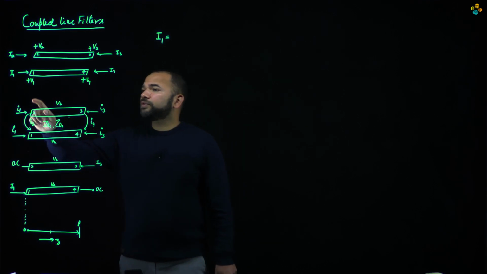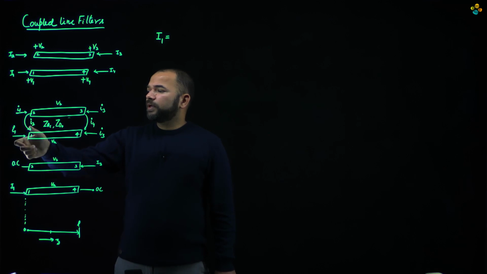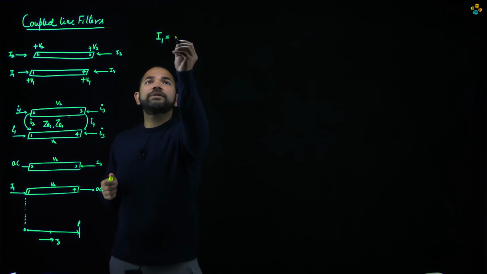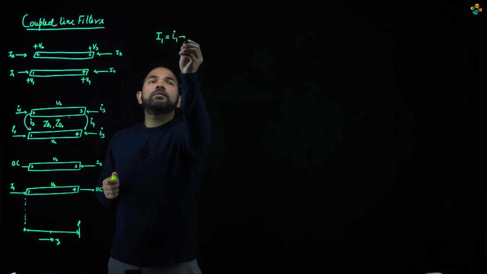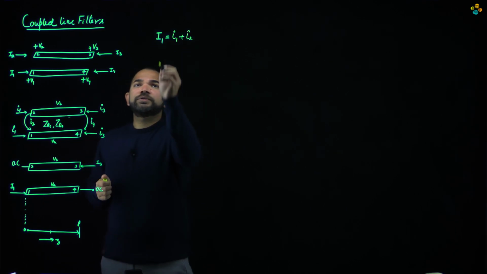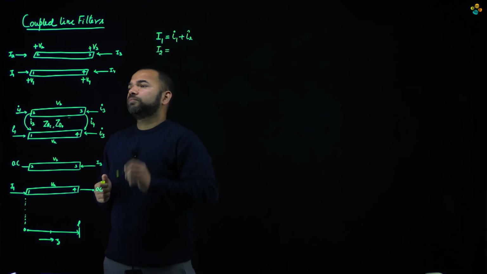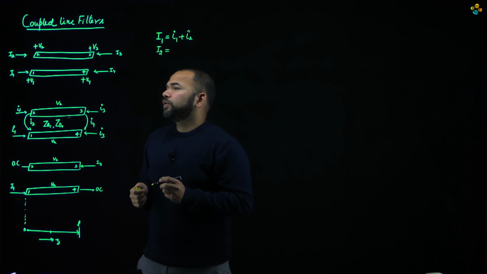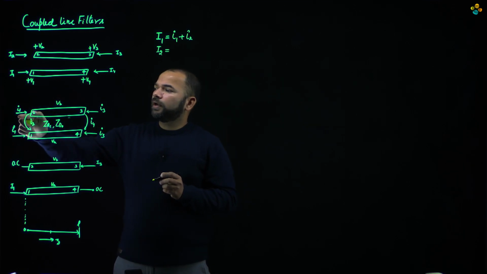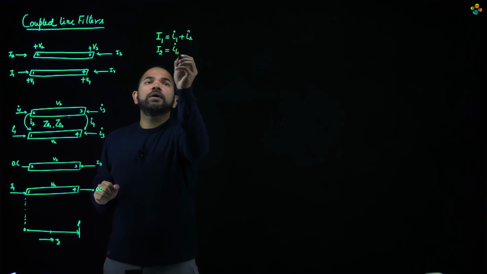If we want to say what is I1, I1 is i1 plus i2. We are just defining this in terms of small i1 and i2. Similarly other currents we need to define. What is I2? You can see here I2 is i1 minus i2.